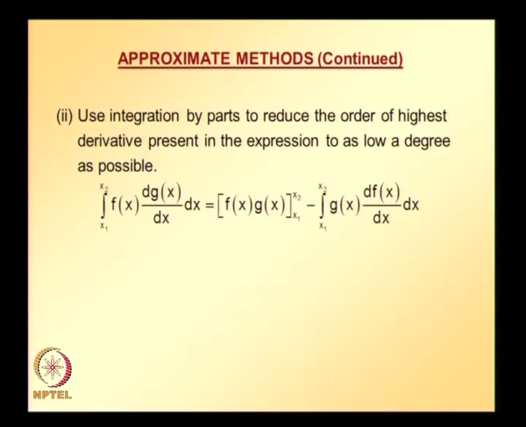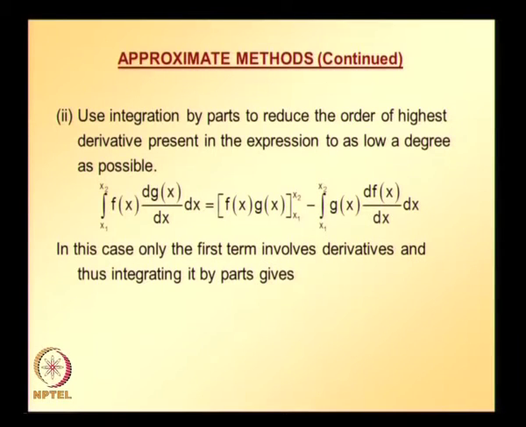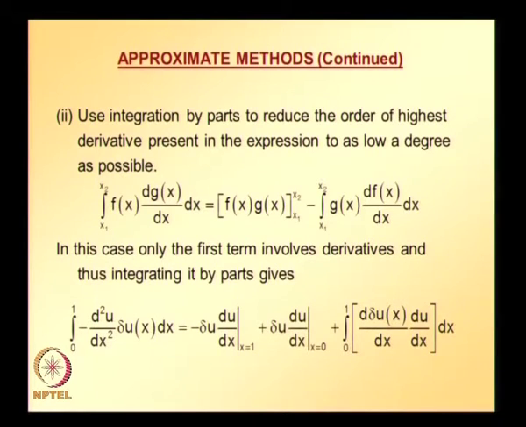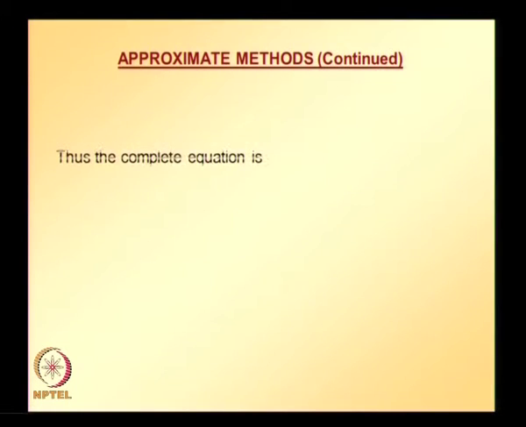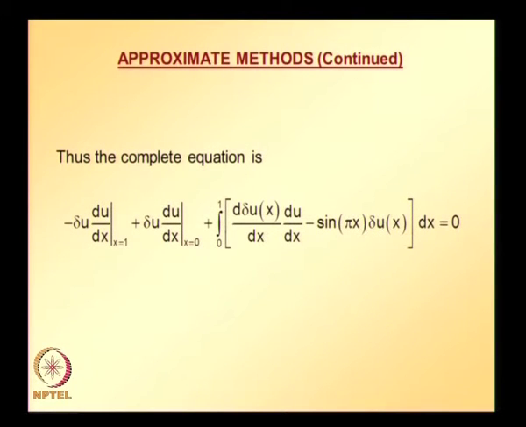We can apply it on the first term, since only the first term involves second derivatives. Integrating it by parts gives us this. Substituting this back into the equation that we got in the first step, we get this equation.